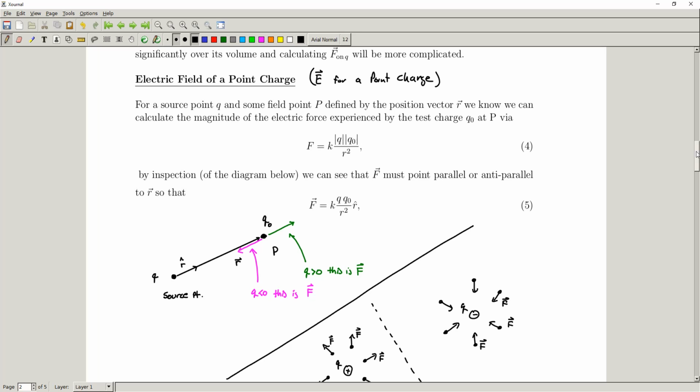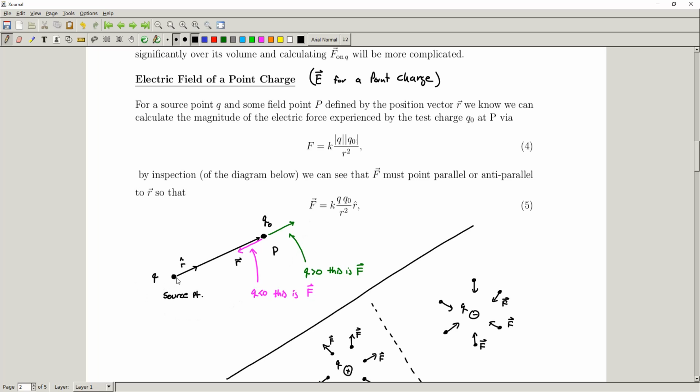That was a bit of a mouthful, but basically we're going to end up using equation 4, which we worked with in the previous video. We're going to use this to calculate for the situation that I have drawn down here.